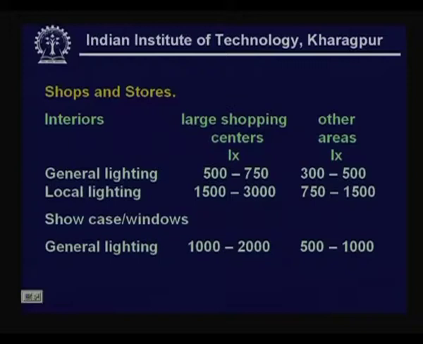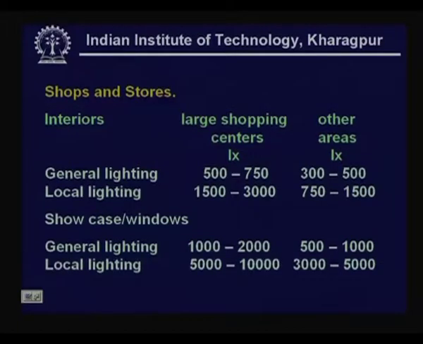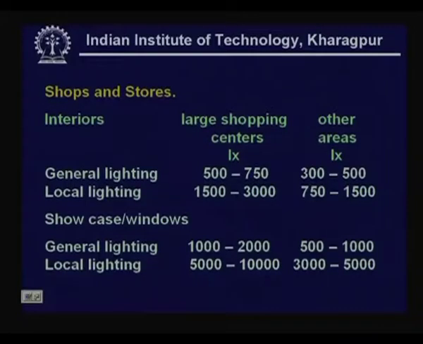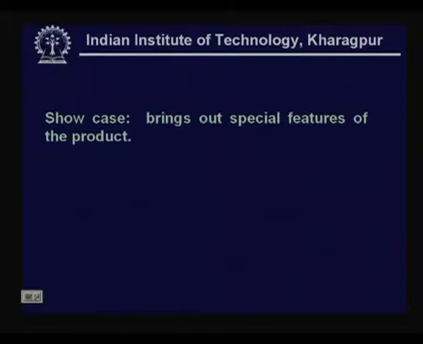For showcases or windows, general lighting is around 1000 to 2000 and 500 to 1000 lux, because the showcase is one thing which brings the clientele to the shopping area. So we see that the levels required are much higher, and of course all of us are aware that modern shopping centers are glittering with a lot of illumination and a lot of energy is spent there.